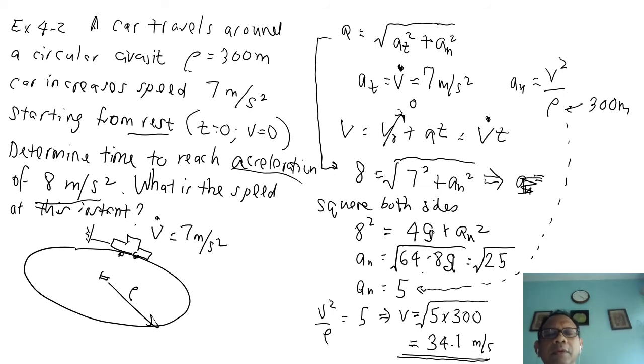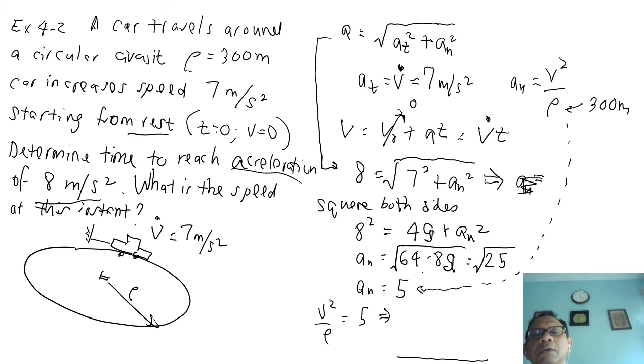Well, there's some error here, so I have to remove some values that are wrong. Let me remove this value. It's not 25. Definitely it is 64 minus 49.